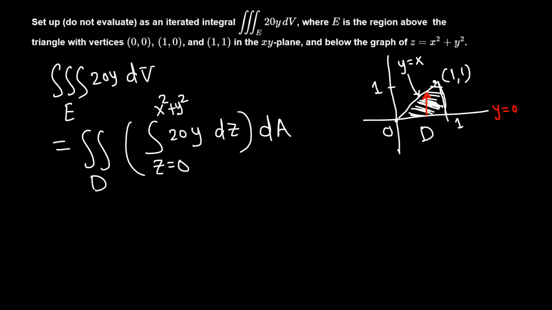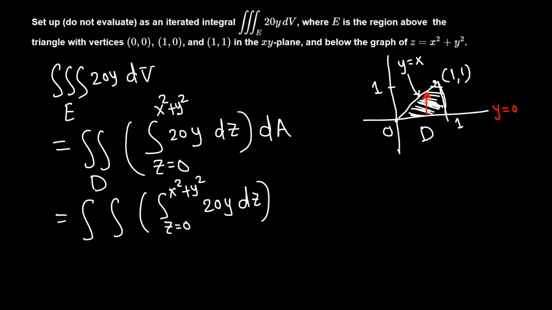So the equation of this line is in fact y equals x. Okay, so we can come back here and don't have to put parentheses, but this is done first: z goes from 0 through x squared plus y squared, 20y dz inside. Now this goes up and down and x ranges from 0 to 1.